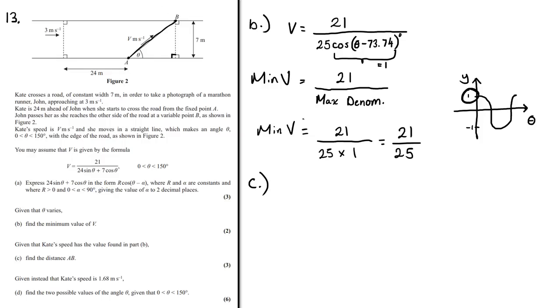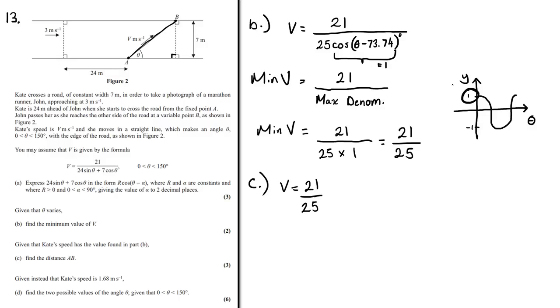Well, we know v, like we just saw here, is the value in part B. So we know v is 21 over 25. Okay? So, when we had a value for v being 21 over 25, that's when cosine of theta minus 73.74, that part was 1 here. That was the maximum value of cosine.